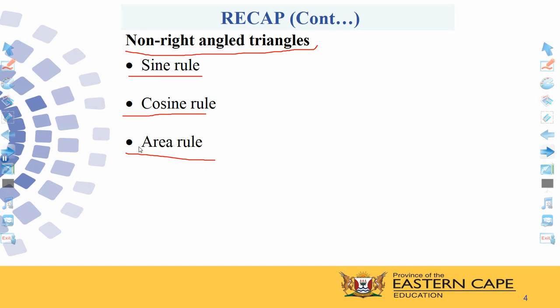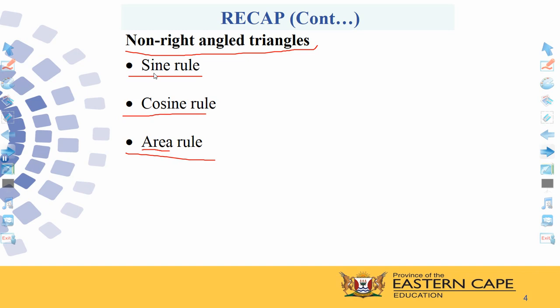So you don't use the area rule if the word area is not there. There was no question about the area or the area was not given. So the area must be given or there must be a question which says determine the area. You must see or hear the word area, then you use area rule.